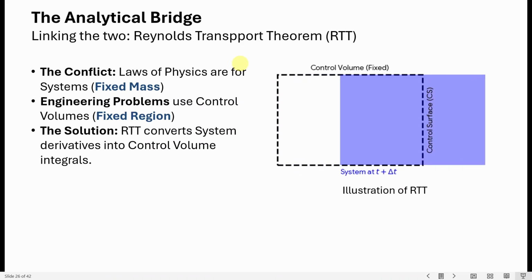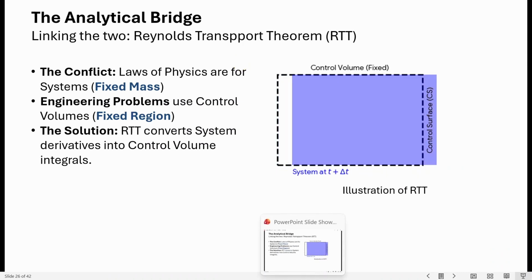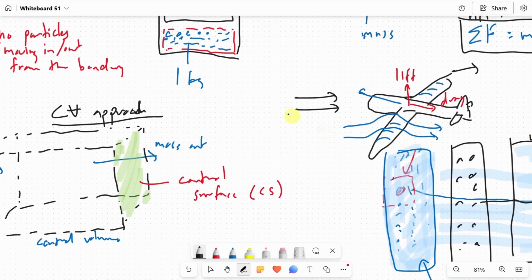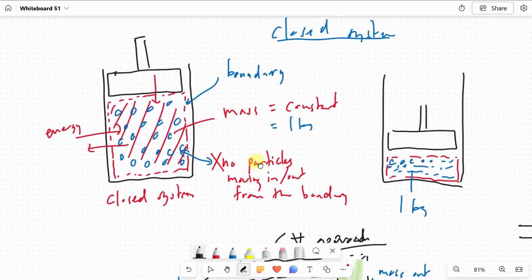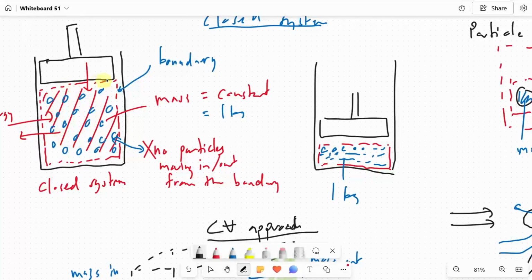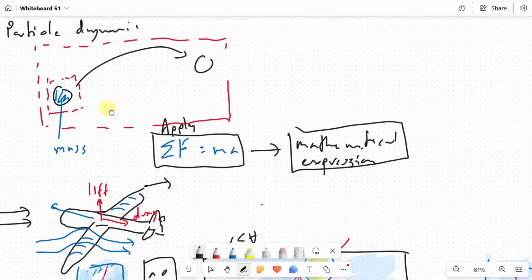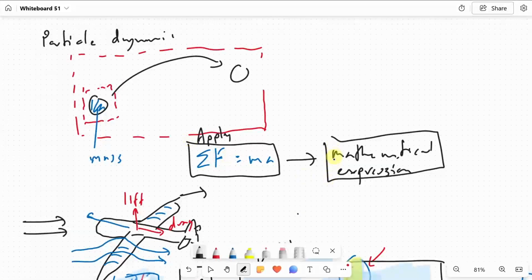So usually when you apply our basic laws and the fundamental laws of physics, for example, when we apply F equals ma, or we apply the energy equation to this system because we want to look at the change of energy of the gas in the system, you will get one set of mathematical expressions.